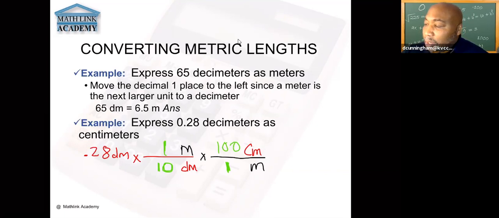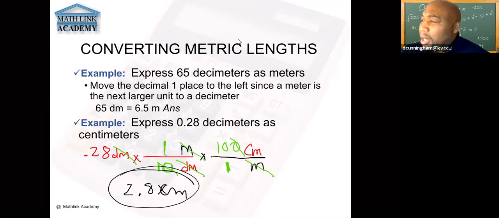We can cross out a zero. Our decimeters are crossed out, our meters are crossed out, so we're left with centimeters. All we're doing here is multiplying by 10, which gives us 10 times 0.28, and it'd be centimeters. And then our answer will be in centimeters.